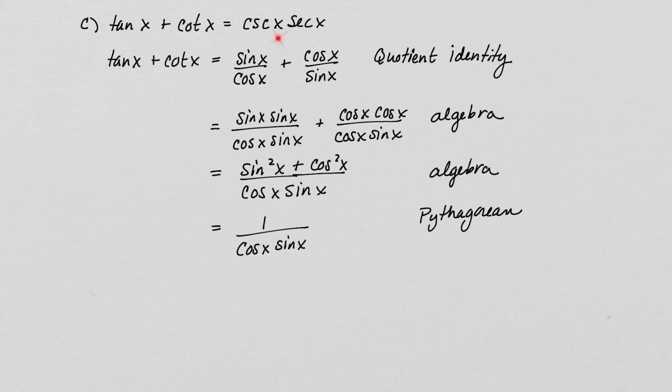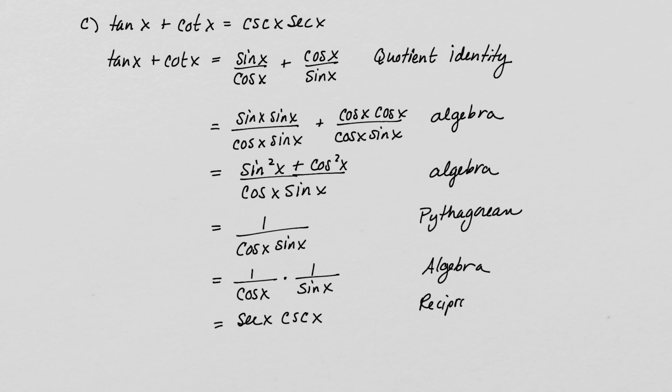We're trying to get to cosecant x, secant x. So I could split this into two fractions. 1 over cosine x times 1 over sine x. So again, I just did some algebra. And then 1 over cosine x is, in fact, secant. And 1 over sine x is cosecant of x. And so that is the reciprocal identities.